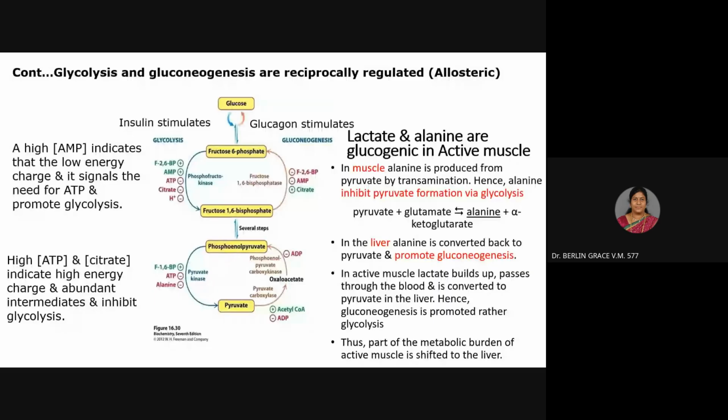It passes through the blood and is converted to pyruvate in the liver. Hence, gluconeogenesis is promoted rather than glycolysis. Thus part of the metabolic burden of active muscle is shifted to the liver. So the organs have a crucial role in the allosteric regulation of glycolysis as well as gluconeogenesis in a reciprocal manner.